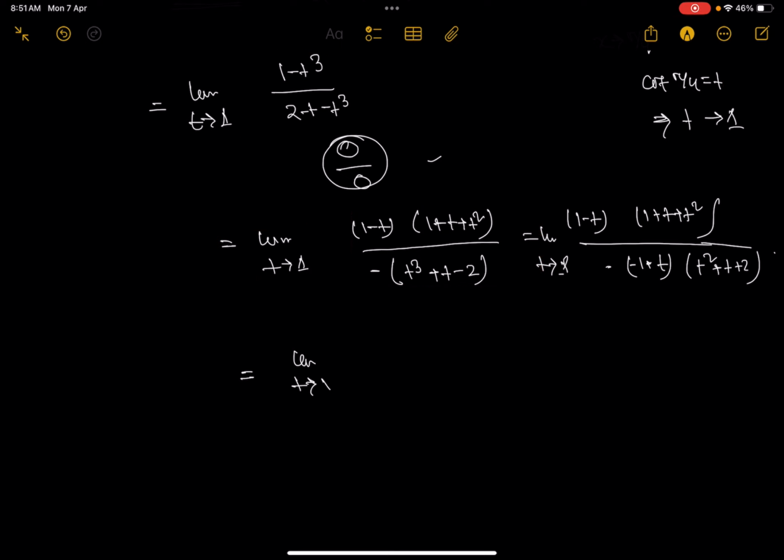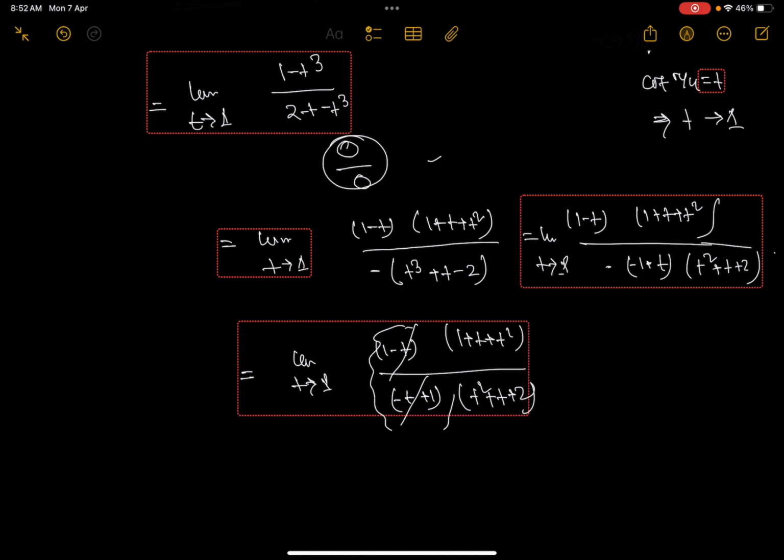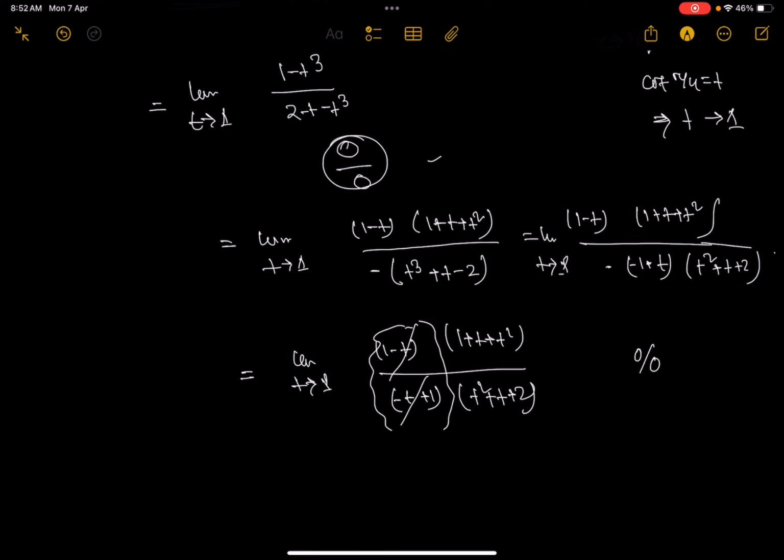Limit t tends to 1, (1 minus t)(1 plus t plus t square) over (t minus 1)(t square plus t plus 2). These two terms cancel, because t tends to 1, t is not exactly 1. Before cancellation this made 0 by 0 form, but after cancellation it does not take 0 by 0 form. So limit t tends to 1, 1 plus t plus t square over t square plus t plus 2.